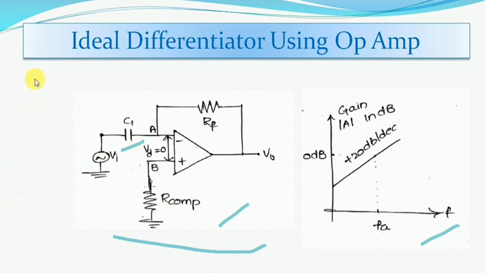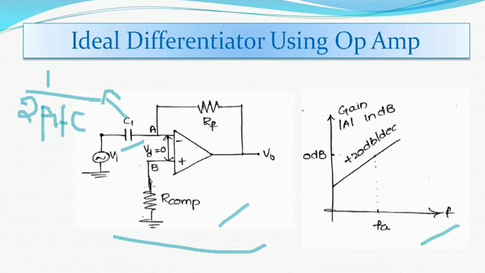We know that XC is 1 by omega C. Here omega can be written in terms of frequency as 2 pi f, so the reactance of this capacitor is 1 by 2 pi f C. At high frequencies this reactance will be equal to 0, meaning if f is infinite, in the ideal case, the C1 reactance is almost negligible, which makes the circuit allow the noise component and also greatly amplify the noise signals. So these are the two major drawbacks of using the ideal differentiator circuit at high frequencies.